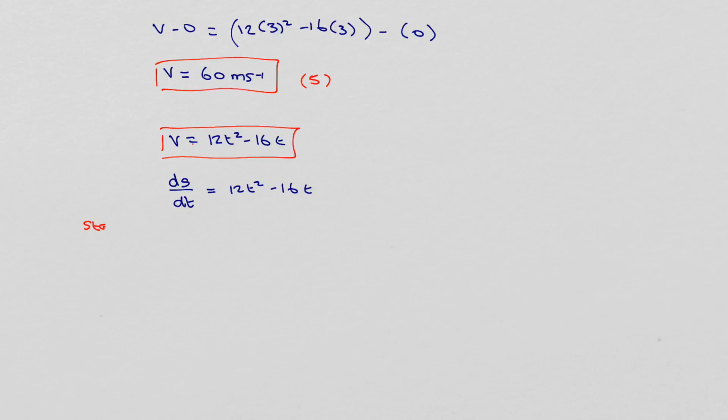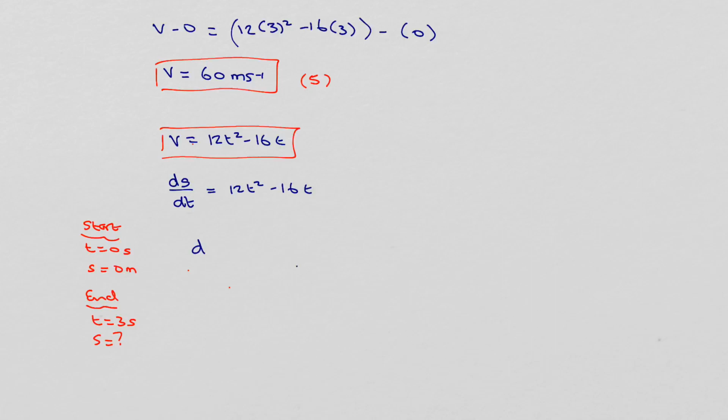So in other words, what do we know at the start? What do we know at the end? In other words, what are our upper limits and what are our lower limits? So at the start, the time is 0 and the distance is 0 because it hasn't moved. And at the end, the time is 3 seconds and the distance is what we're trying to find.